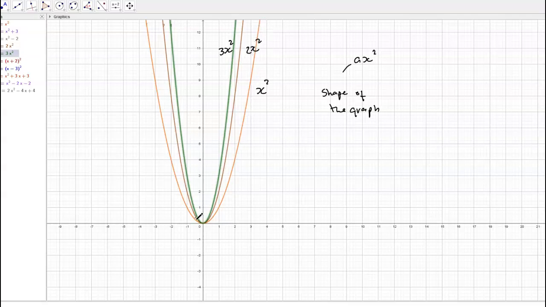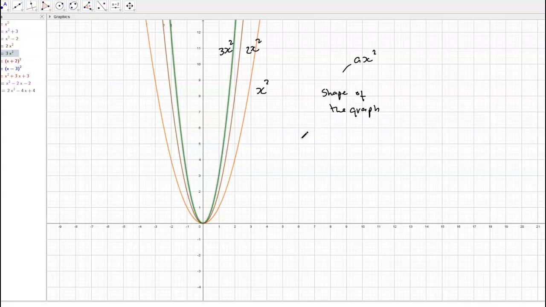The higher the coefficient, we can see the narrower the graph, the nearer it is to the y-axis. We can say the higher the coefficient, the tighter the curve is to the y-axis.